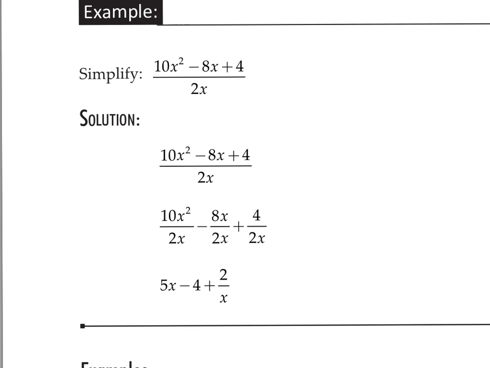So this first term, 10x squared over the 2x, minus, coming from here, 8x over 2x, plus 4 over 2x. So maybe we can write it over here so we can see what's happening. 10x squared divided by 2x minus 8x divided by 2x plus 4 divided by 2x.